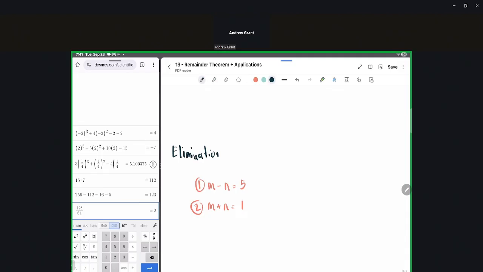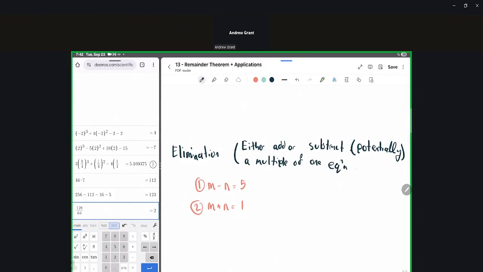And to do this, if you're having a look at equations 1 and 2, we want to either add or subtract, and we'll put in brackets, potentially, a multiple of one equation to the other. So what do I mean by that?